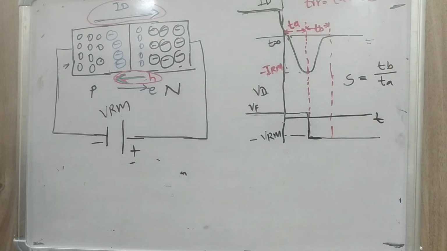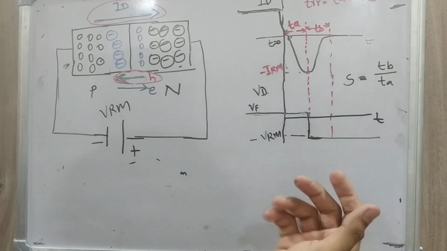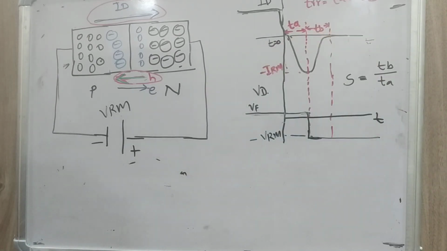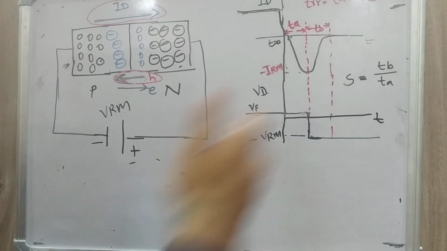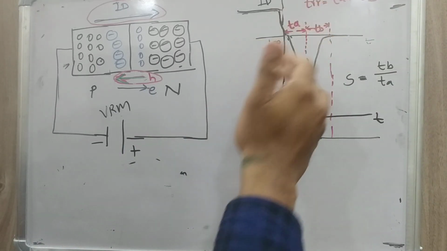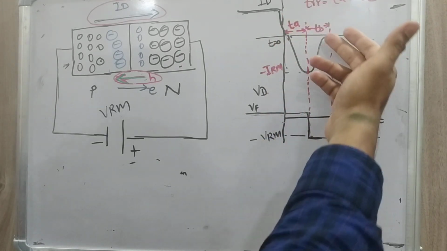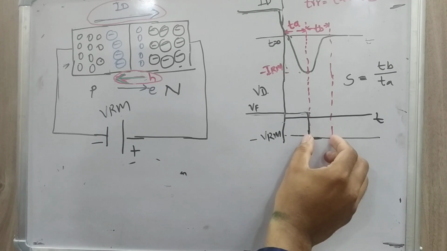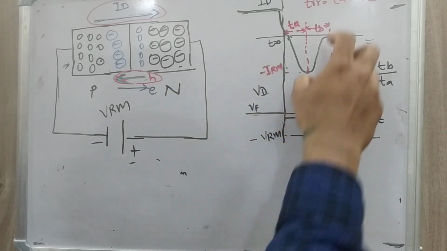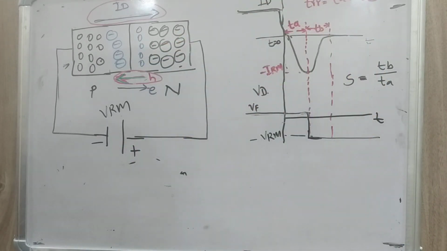If you compare two diodes, a higher S means a higher TB, and a higher TB means higher loss, because only during TB the voltage across the diode is high, which is the applied reverse voltage, and there is also a significant amount of current.